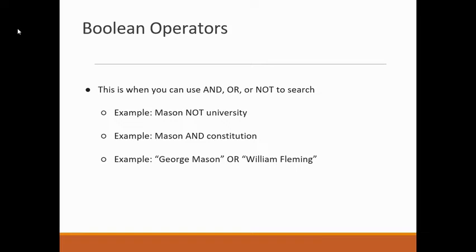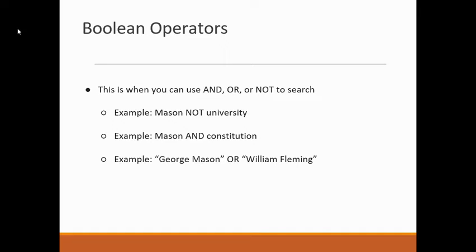The next search tip we're going to talk about is something called Boolean operators. Boolean is a computer term, and this is when you can use the words AND, OR, NOT in capital letters within your search to be more specific. So, in the example here that I've used, I've pretended that I'm searching for information on George Mason, the person, not the university. So, in example one, I have Mason NOT in capital letters, then the word university.